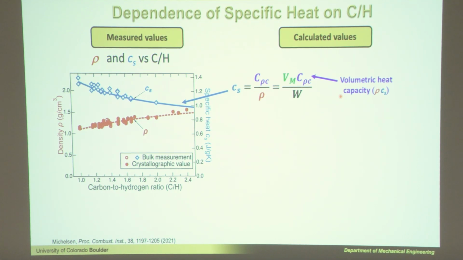If you remember from your thermal classes, the specific heat is relative to weight, per gram, of the mass of your material. And the molar heat capacity is relative to the number of atoms you have in your material. So there's a correspondence between the specific heat in grams and the molar heat capacity.